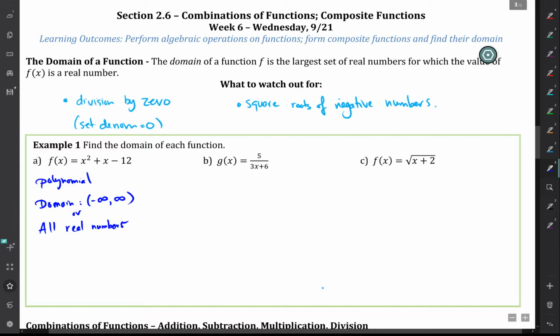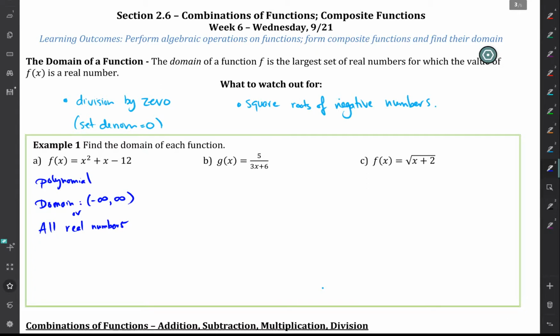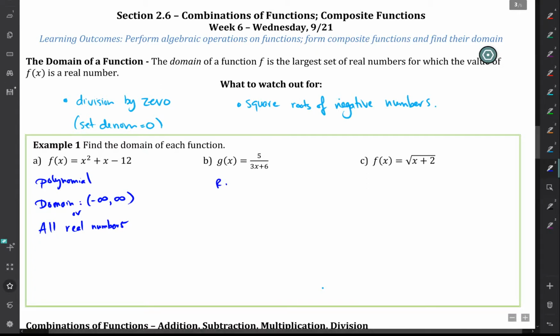Now, g of x is a rational function. It's a ratio of polynomials. The top polynomial is 5. The bottom polynomial is 3x plus 6. And so here, the domain is everywhere except for when 3x plus 6 equals 0.